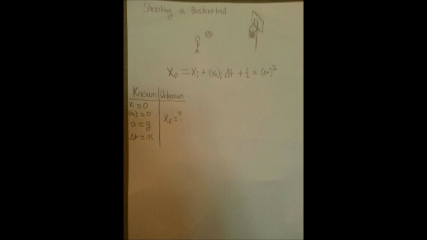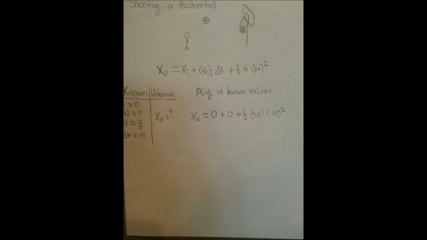The first step to solving this equation is listing our knowns and unknowns. Our known values are the initial position, which is 0, the initial velocity, which is also 0, acceleration, which is just equal to g, 9.8 meters per second squared, and the change in time, which was found to be 0.95 seconds. From there, you can plug these values into the equation to get final position equals 0 plus 1/2 times 9.8 times 0.95 squared.